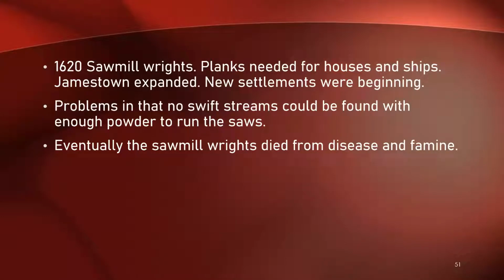But anyway, new settlements in the areas were beginning. The problem with the sawmill rights is that no swift streams could be found with enough power to run the saws. As you can imagine, they want large planks for building houses and building boats.